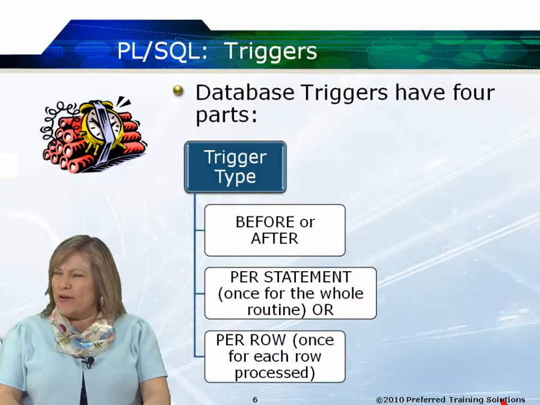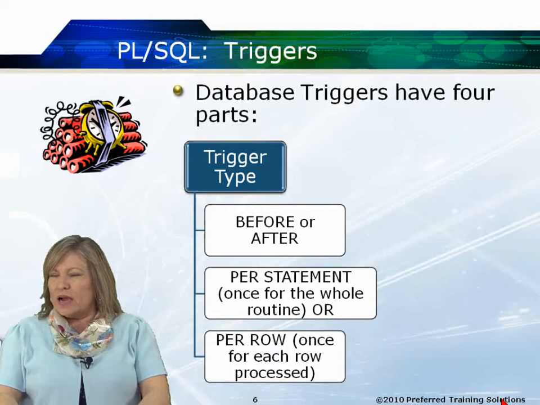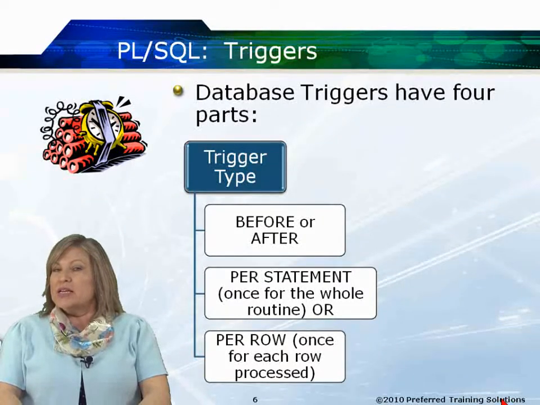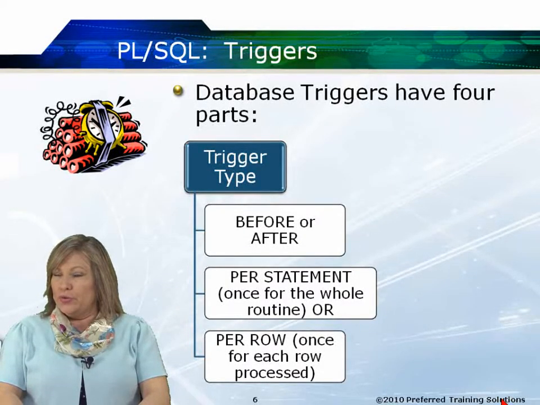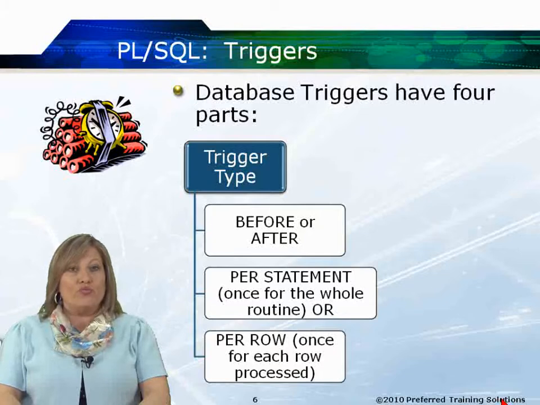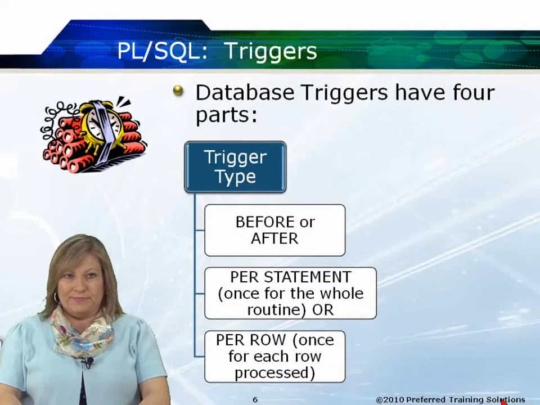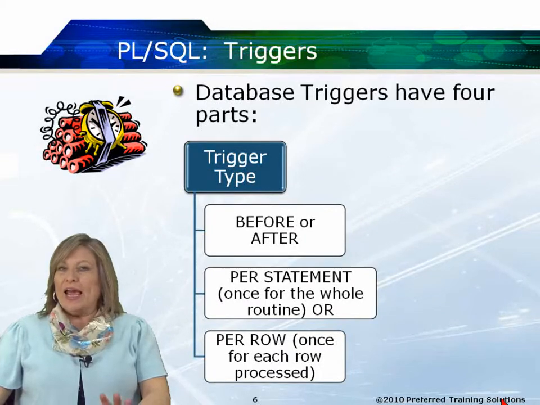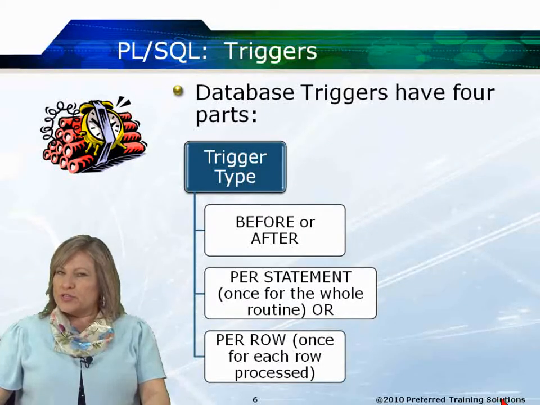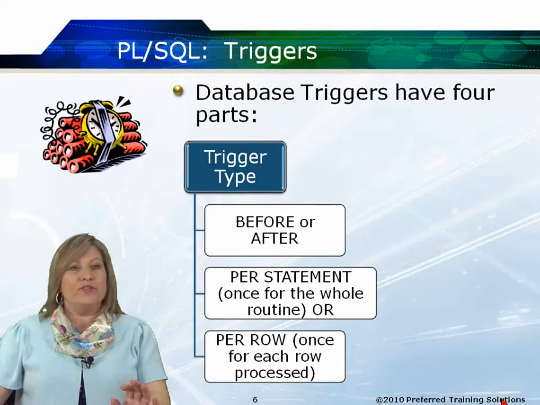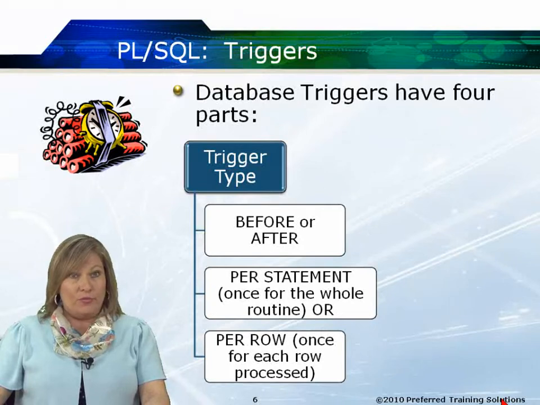I might, however, not just want to run it once for the statement. I also have an opportunity to execute my code once for every row that's being processed by the trigger. And in row level triggers, I can actually see and manipulate the values of the individual columns in that row.